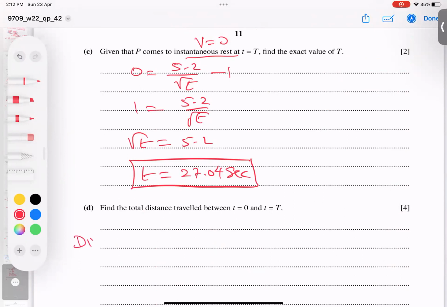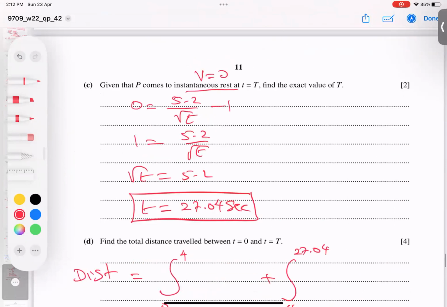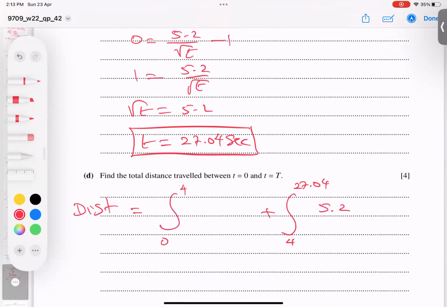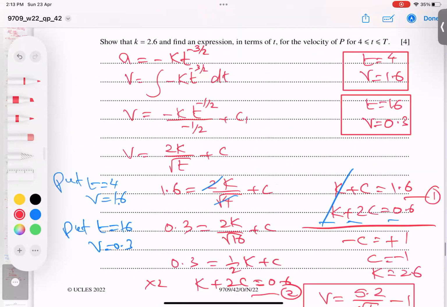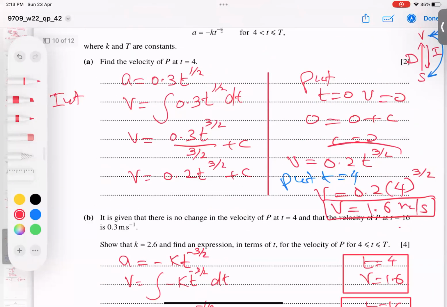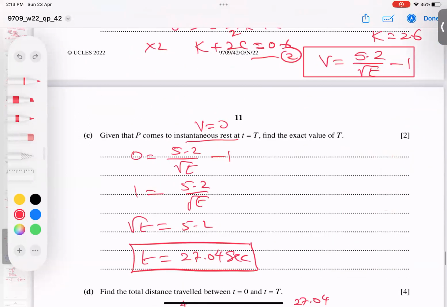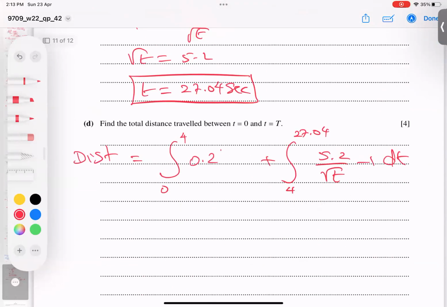So the distance is very clear: this is 0 to 4, and this is 4 to 27.04. Now I'm bringing in the equations. The second is 5.2 over root t minus 1 dt, whereas the first expression I got is 0.2 t to the power 3 by 2 dt.